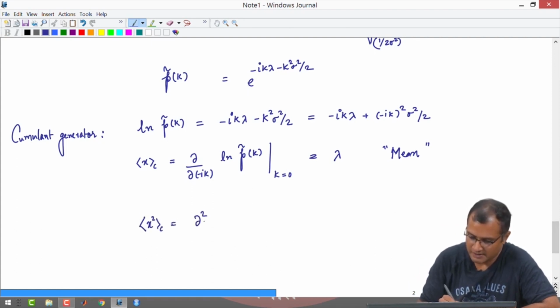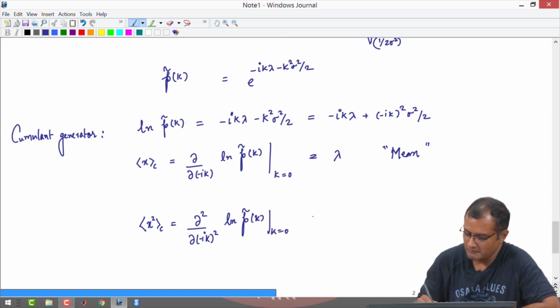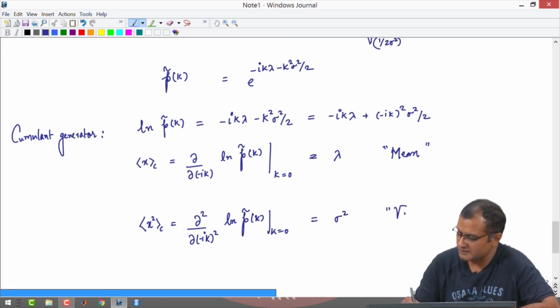The second cumulant is the second derivative of the cumulant generator at origin, which is nothing but sigma square. We call this as variance.